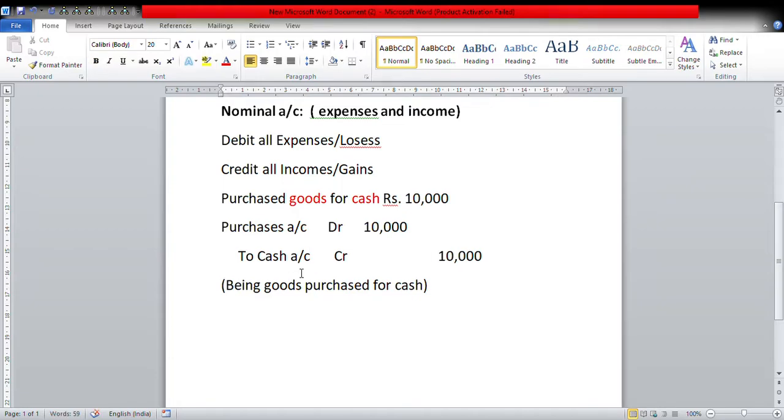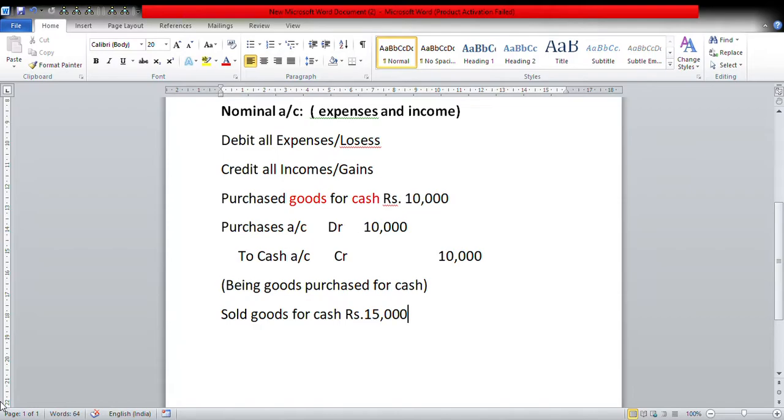Now going to the next transaction: sold goods for cash, rupees 15,000. Whenever this particular transaction has to be analyzed, as I told you all, there are three questions you ask yourself.